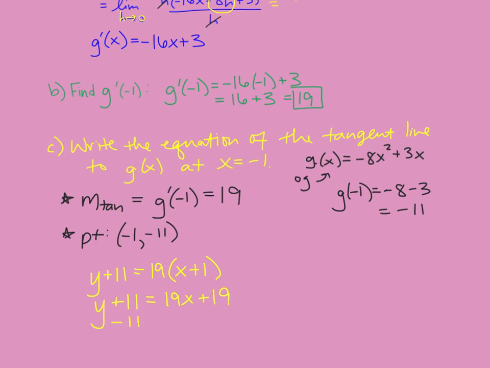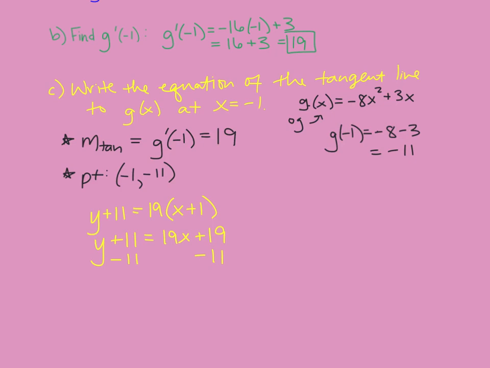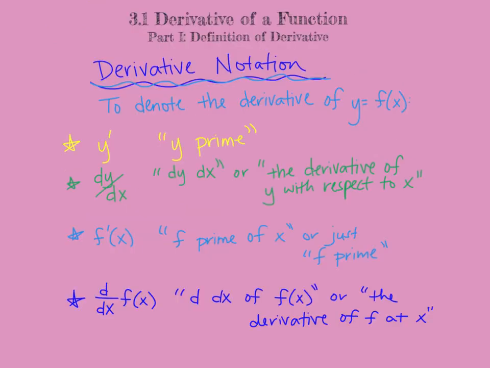And then when we subtract 11, we'll have y equals 19x plus 8. And that is the equation of the tangent line, so it touches g of x at exactly 1 point, and it shows that the instantaneous rate of change at that point, -1 comma -11, is 19.